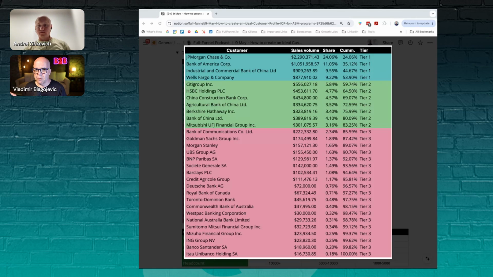You can ask, what are the 20% of accounts that are generating 80% of revenue? If we look at this one, we see that approximately tier 1 and tier 2 are generating about 80% of revenue, right? So tier 1 and tier 2 are the 20% of accounts that are generating 80% of revenue.